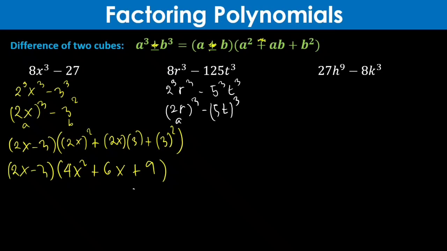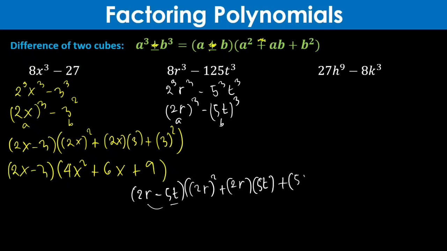Okay, we can continue here. Our a is 2r, our b is 5t. This is 2r minus 5t. Square of this, 2r squared. This time it's plus, multiply this, 2r times 5t, and then square the second term, that's 5t squared.